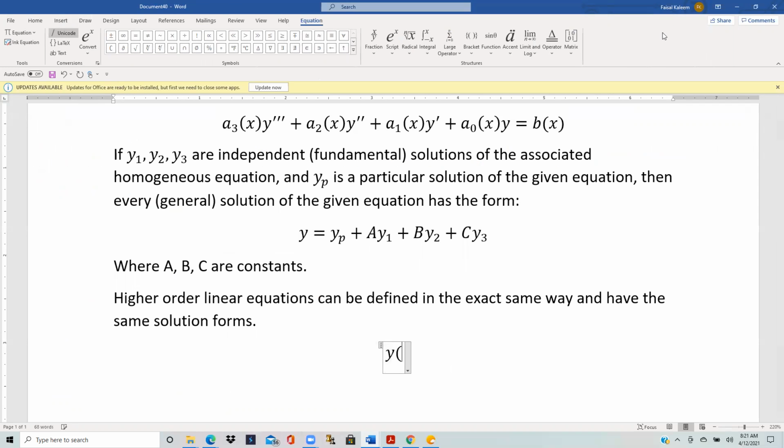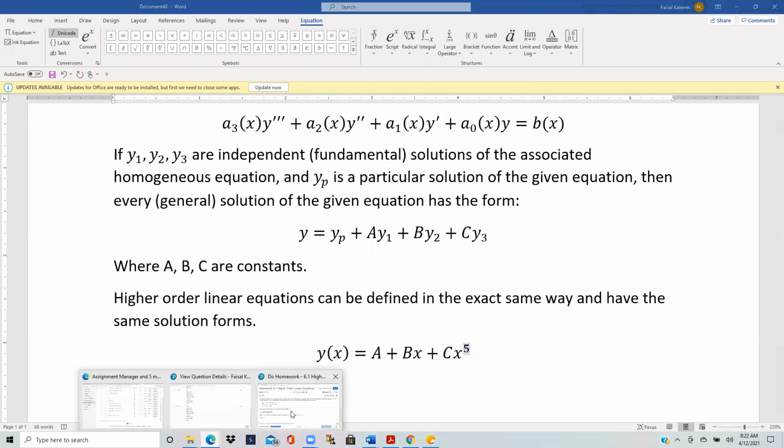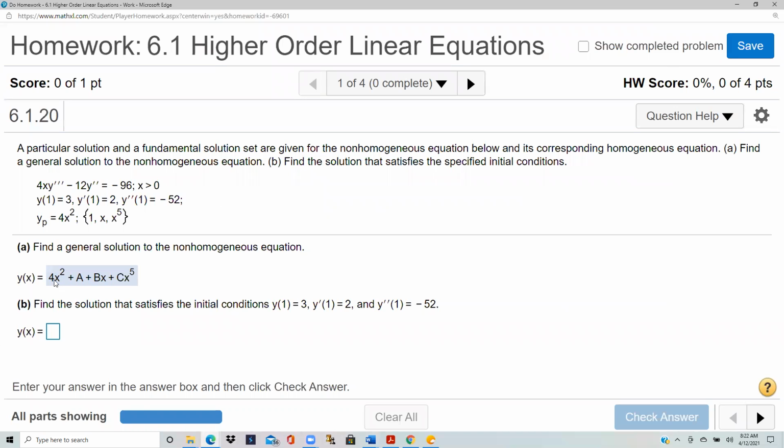What did we have for the particular solution? We had 4x squared.